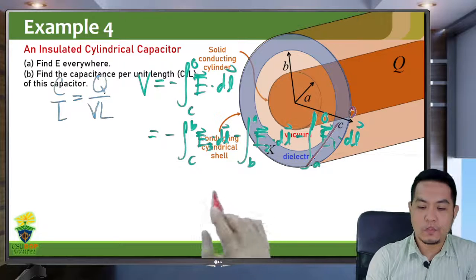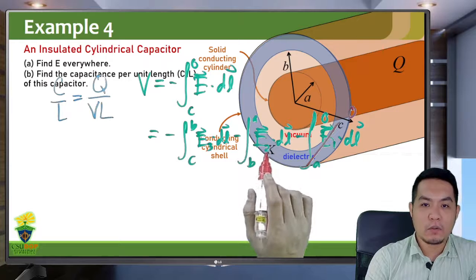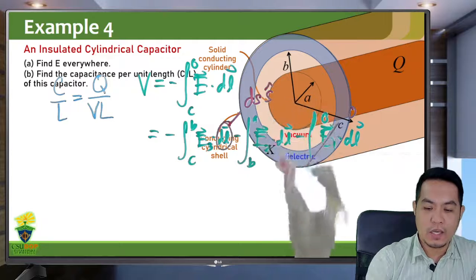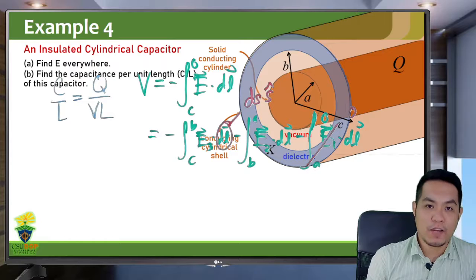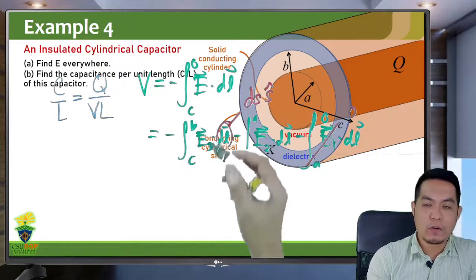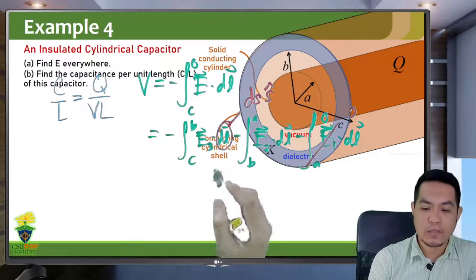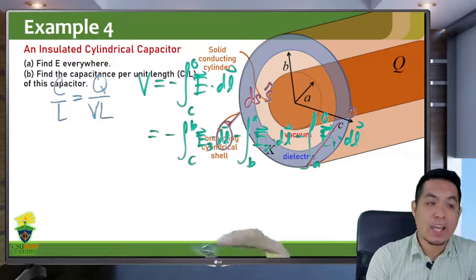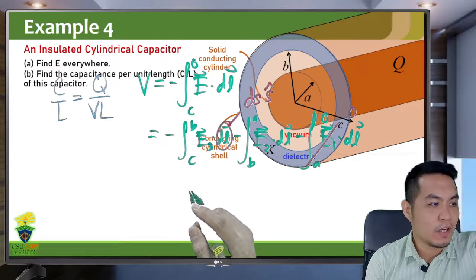So we only have 2 terms, E3 dot dl and E2 dot dl. And the dl is basically just ds s hat. Our E2 and E3 are functions of s hat. The result that we have obtained before is proportional to 1 over s. So we'll have something like ds over s. And the integral of ds over s is something like an ln. So you will have results in terms of ln.